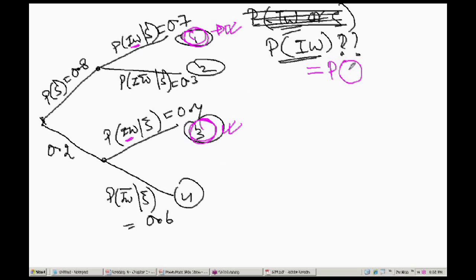If I want to know the probability of India winning, I will write the probability of node 1 and probability of node 3. AND here does not mean multiplication; India is winning either in node 1 or node 3, so there will be a plus over here. We found the probability earlier, it was 0.56, and for this one it was 0.08.